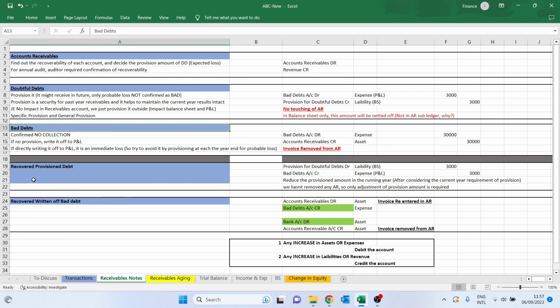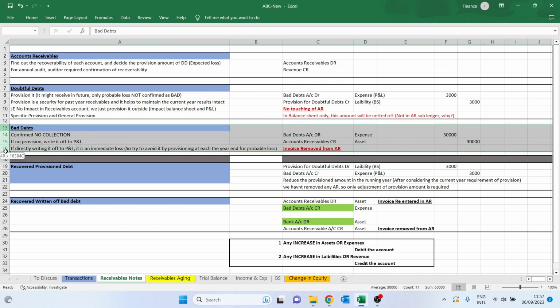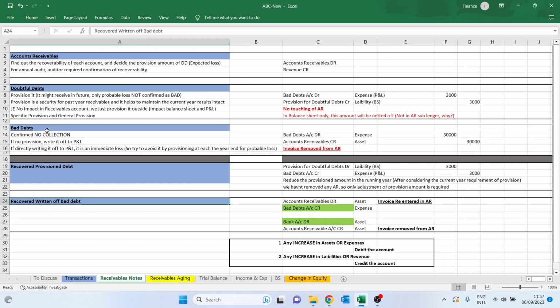And regarding bad debt, what happens if we have collected this amount? Since we have already written off this, what will happen? The bad debt is a confirmed one, and we have already removed this from the accounts receivable, right? Now the recovery of bad debt: this bad debt we have collected because the lawyer successfully collected the amount from the customer and the customer paid.